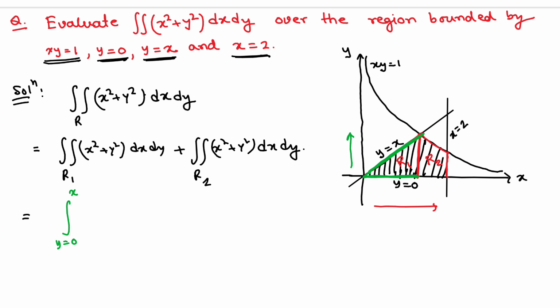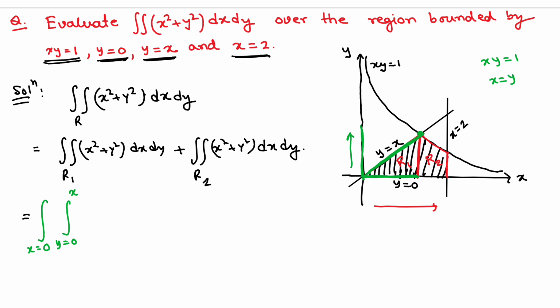And left to right means from the left hand side I can choose this curve, to the right hand side that means this curve. So left to right means I can choose x equals to 0 to this point. What is the point of intersection? This is the point of intersection of xy equals to 1 and y equals to x, these two curves.